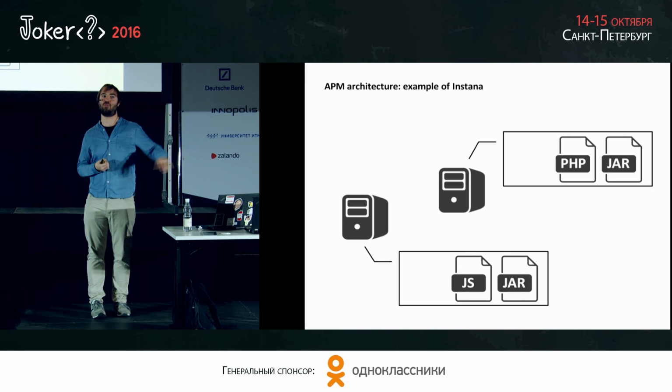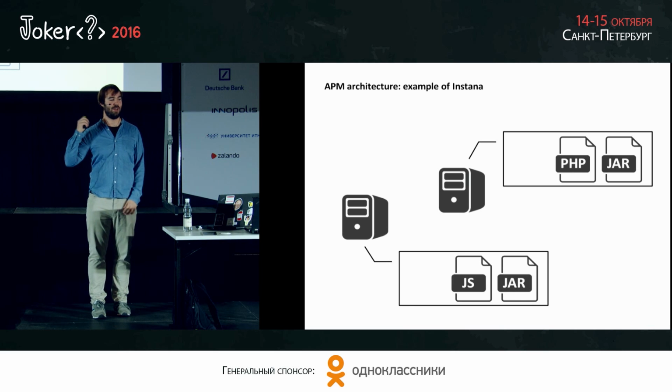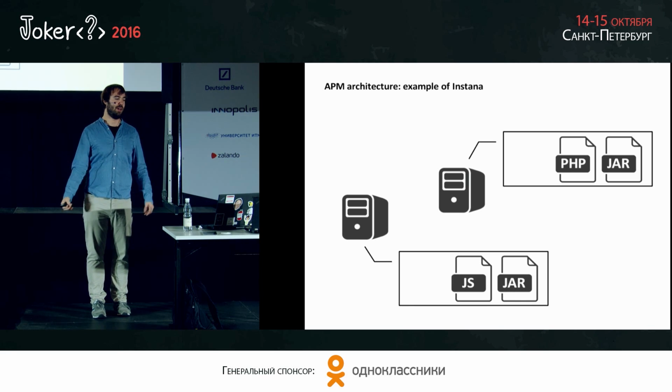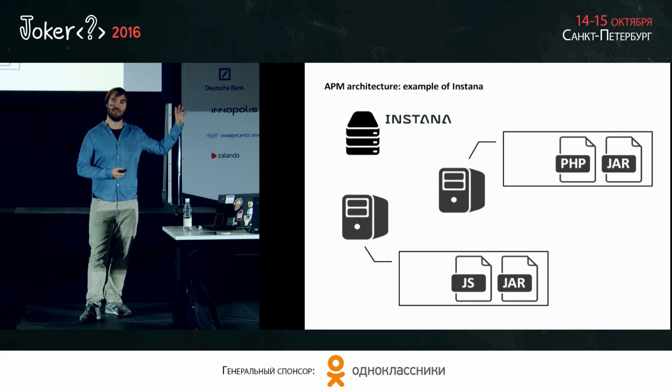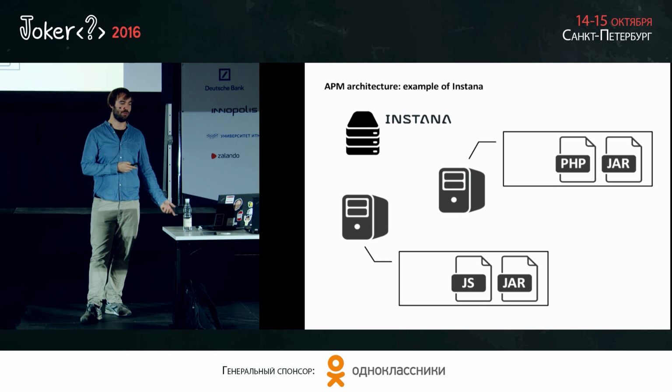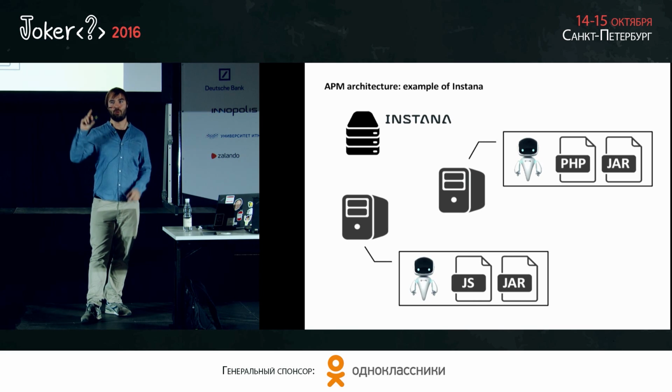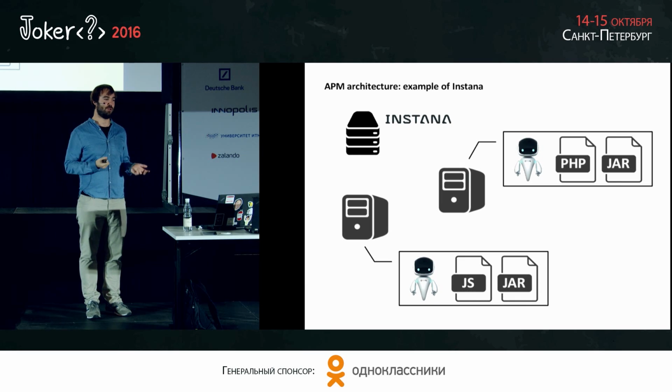Here is basically what we do. Let's say you have this server architecture, with a PHP app, a Java app, and a JavaScript or Node app, and you run the system. The agent that we wrote is that you have a backend, which is our trace collector. This is where all the information about spans is sent to. And then you install a small program on every machine. And I'm the contractor for the Java part.